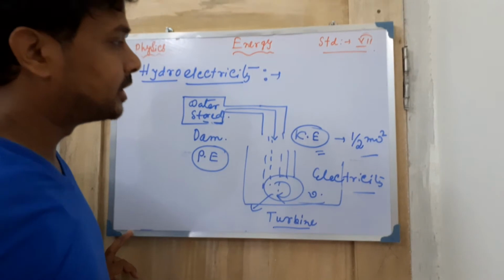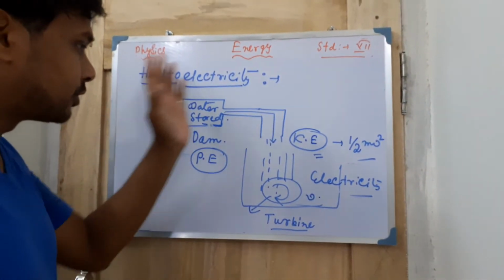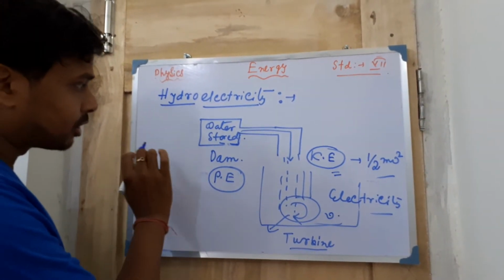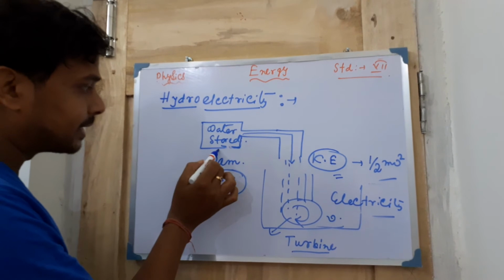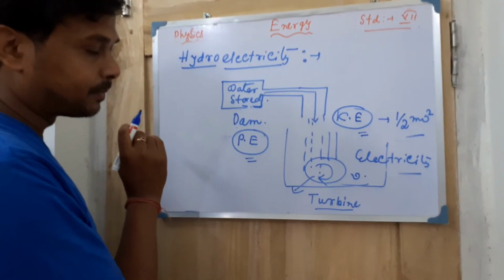The current will be generated in this position. If you see the whole process, first of all we have stored the water in a dam, so definitely the potential energy is there.